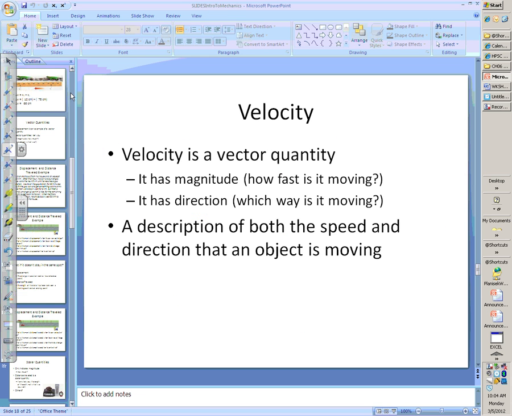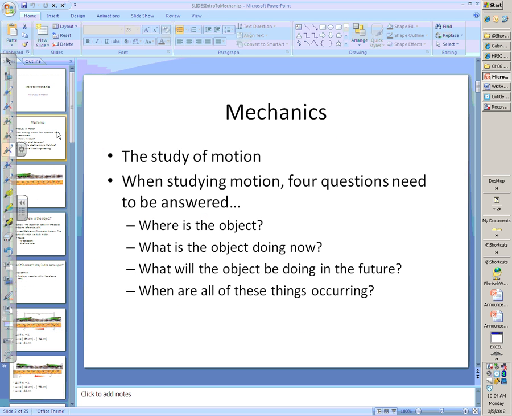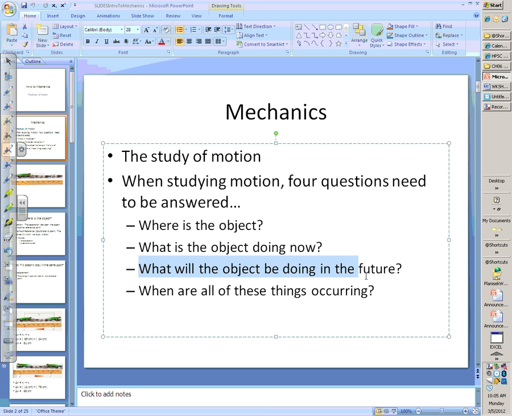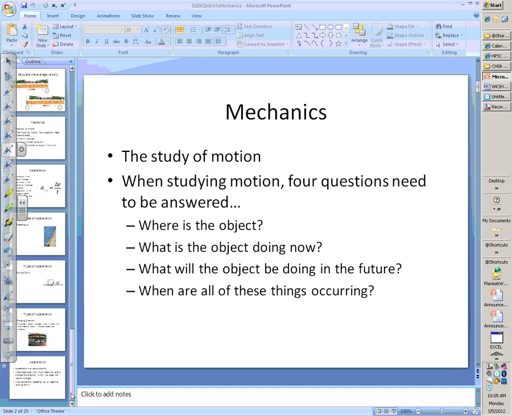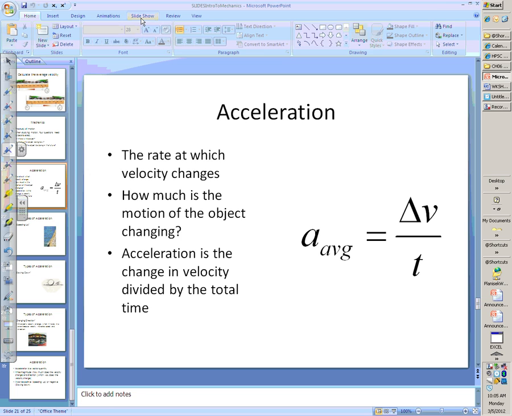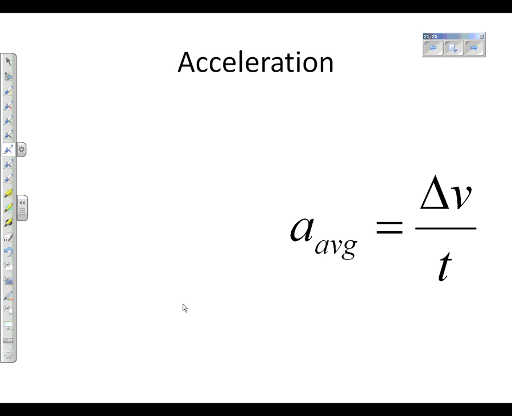Back to mechanics. 4 questions, right? Where's the object? What is it doing now? The third question. What will this object be doing in the future? So if you go to your outline, you could probably figure out that the answer to that question is called what? Acceleration. Okay. So, I forgot to change this, so here's the formula.